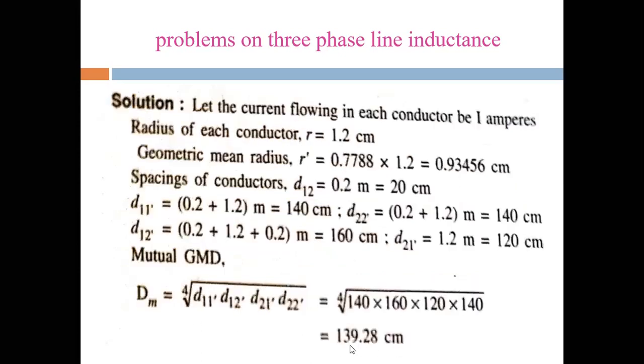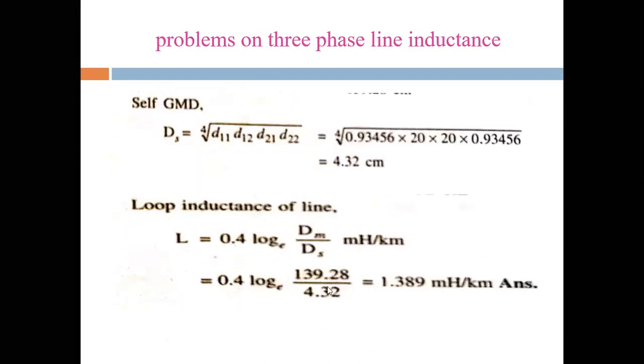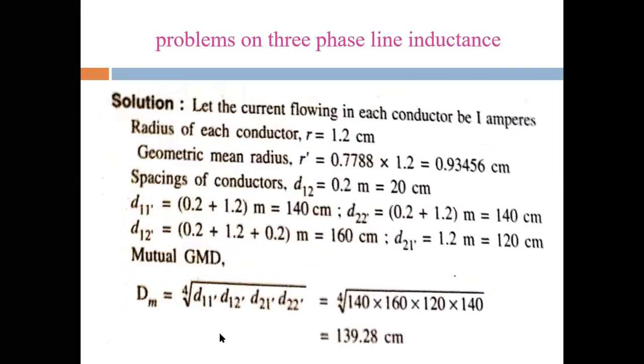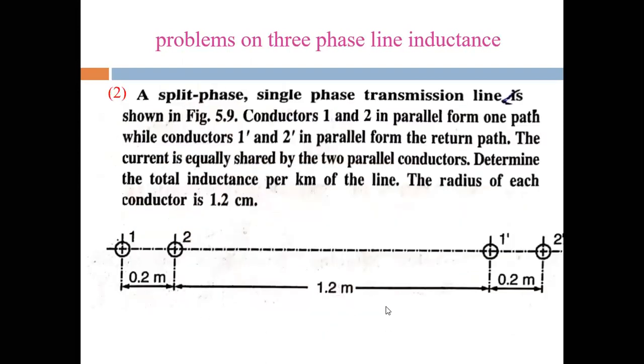What is the dm? That is 139.28 centimeters, by ds is 4.32. That is 1.389 millihenries. This is the loop inductance of a single phase line when the two conductors are in parallel.